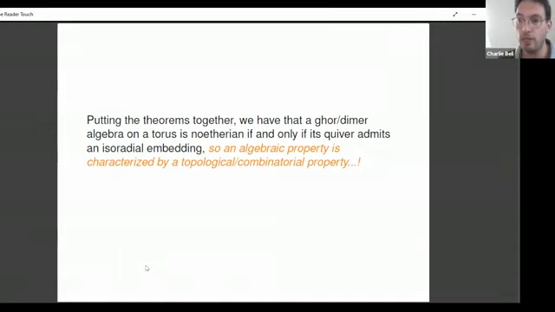But tomorrow we'll talk about the centers of these algebras. We want to look at both the centers of the non-Noetherian ones. So from that theorem, the centers will be non-Noetherian also. So how do we talk about the geometry of these algebras?